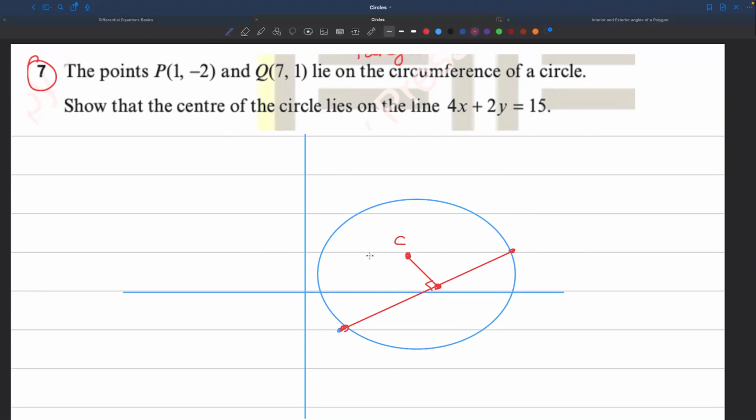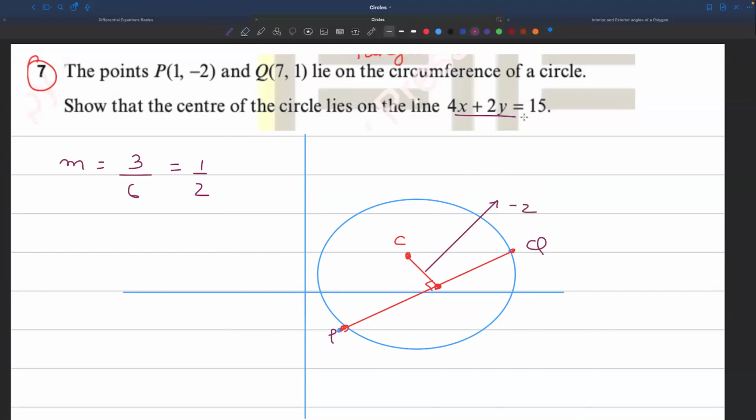I don't know why I'm finding the gradient, but gradient से भी इसको perpendicular कर दीजिए. Yeah, maybe. Okay, what is the gradient of the line PQ? Y2 minus Y1 ना, so 3 upon 6, 1 upon 2. So the gradient of this line will be minus 1 upon minus 2, sorry.